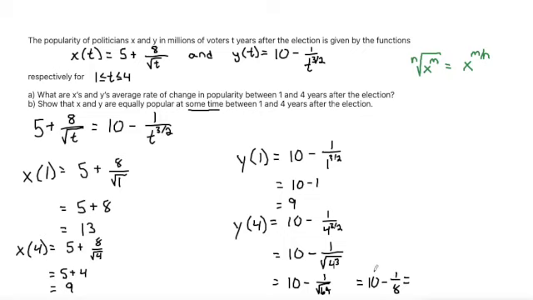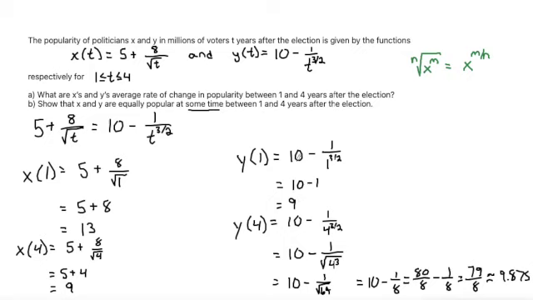We can find a common denominator of 8 to make 80 over 8 minus 1 over 8 would be 79 over 8. And that approximately, as a decimal, 79 divided by 8 is 9.875. Or it's exactly equal to 9.875.